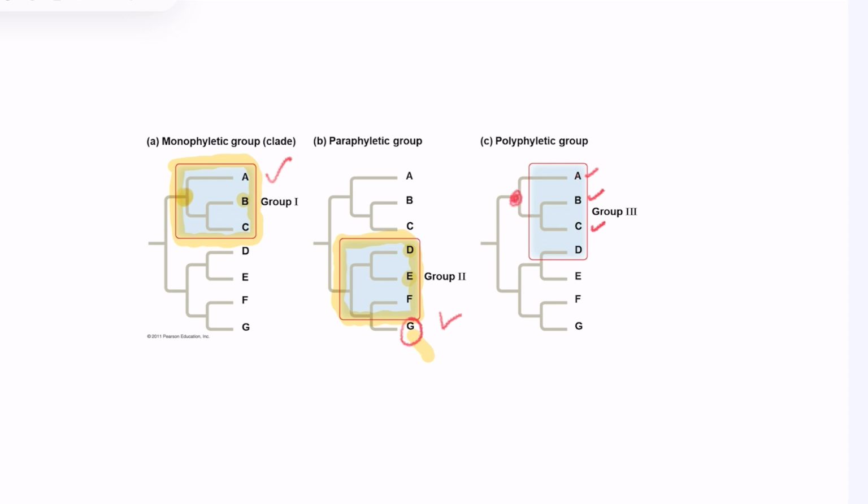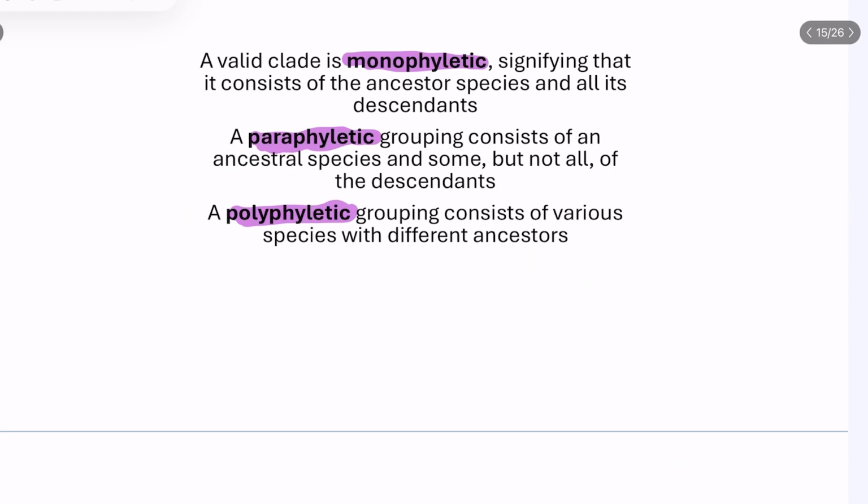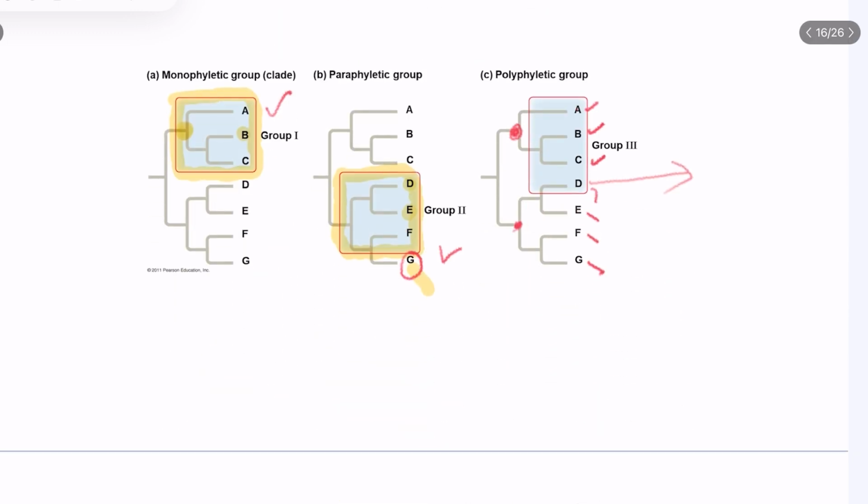But if you come here, D, E, F, and G are different and the common ancestor is here. So in polyphyletic, we included this D here. This is called a polyphyletic clade because here you can see various species with different ancestors.